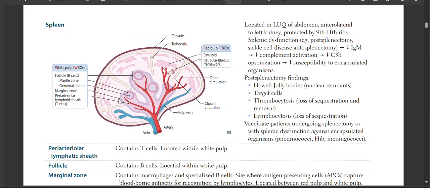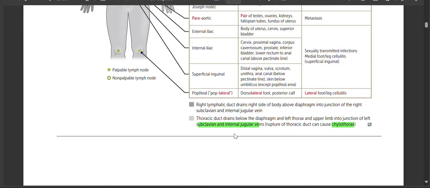So, any questions about this part, thoracic duct, chylothorax, chylomicrons? I'm following. No.